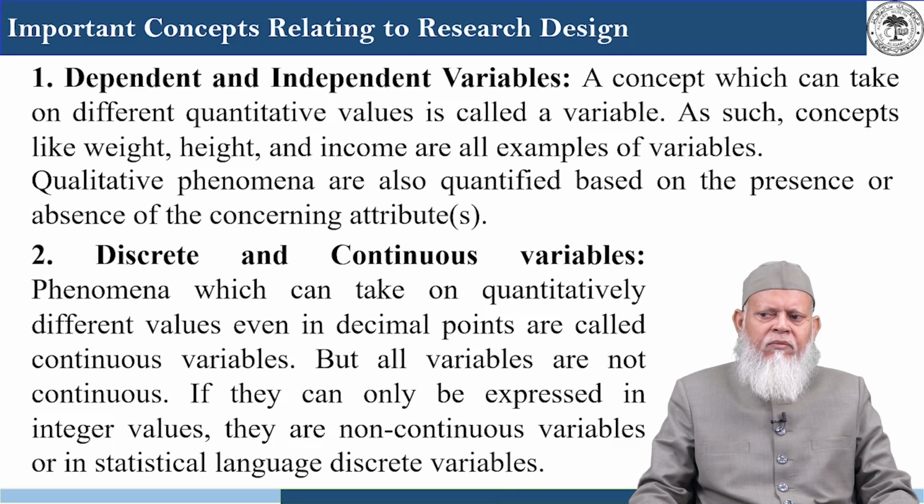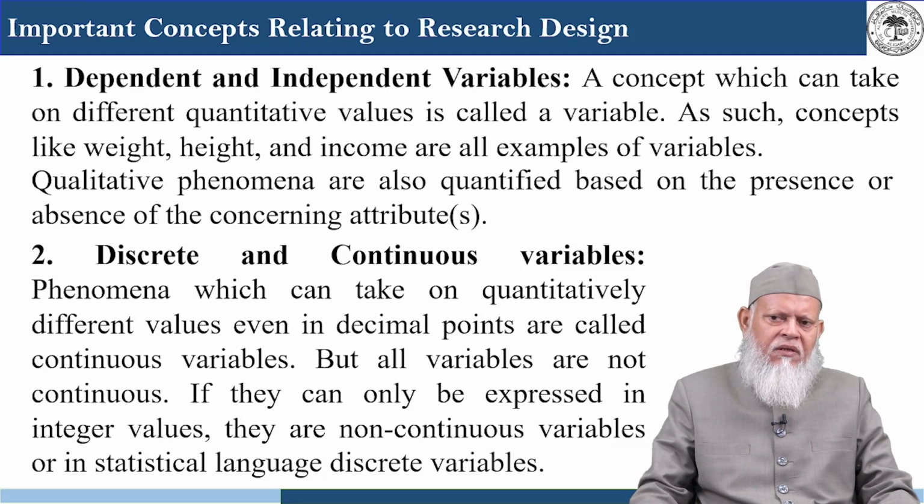A dependent variable is one which is explained, which is caused, whereas an independent variable is that which causes, which has an impact, which is the reason for the phenomena.